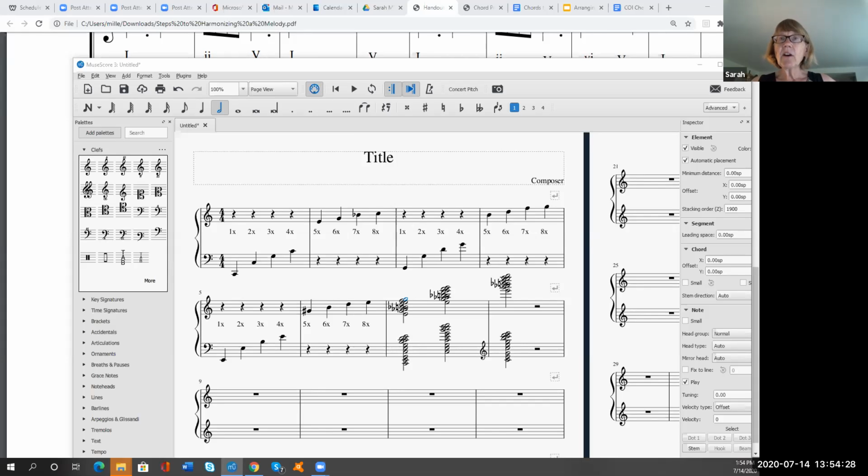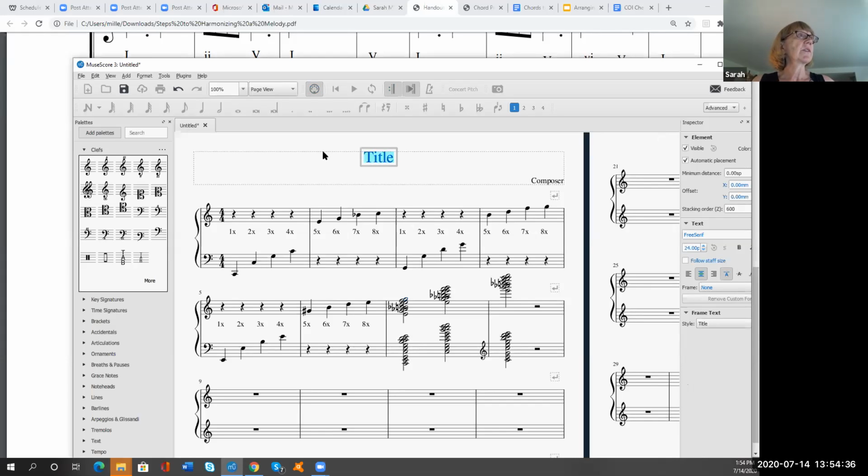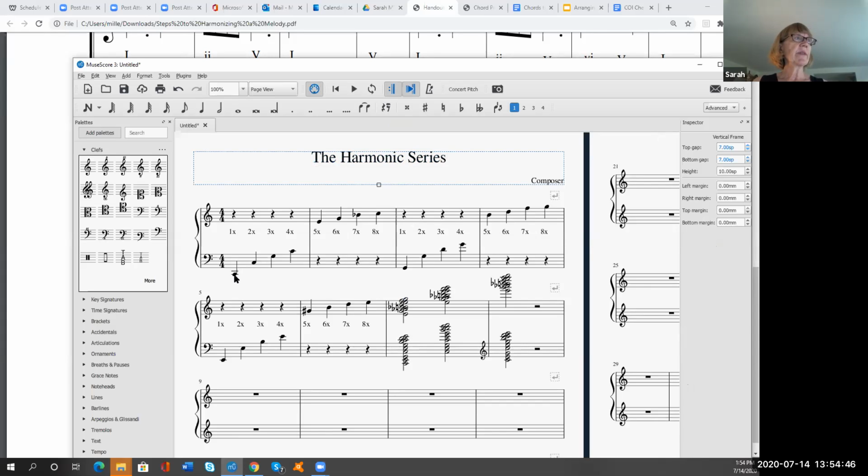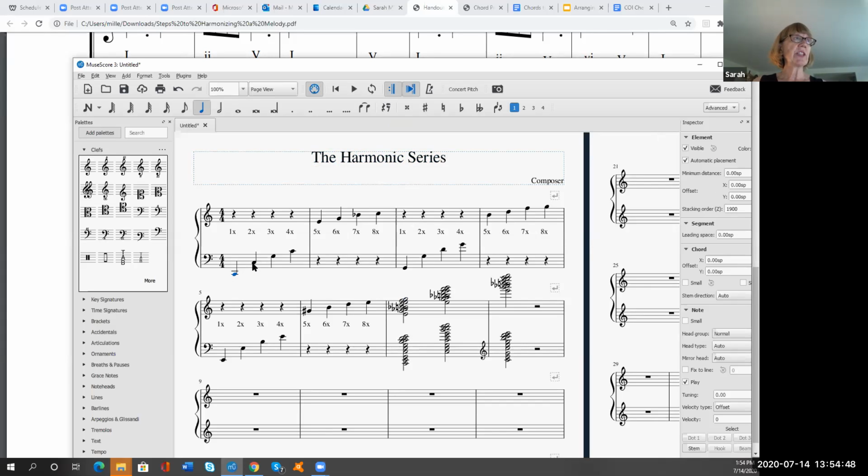And like I said, all of this, I'll even put this in the Google Drive if you like. Would that be nice? We'll call it Overtones or the Harmonic Series. The tricky thing with the Harmonic Series, before we leave it, is that sometimes we call this the fundamental pitch and this the first overtone.